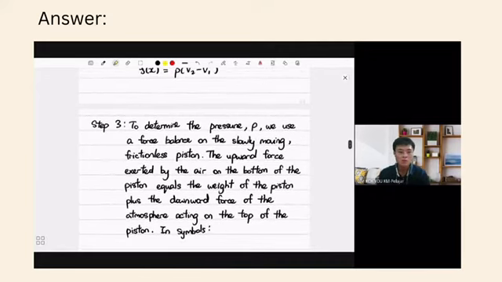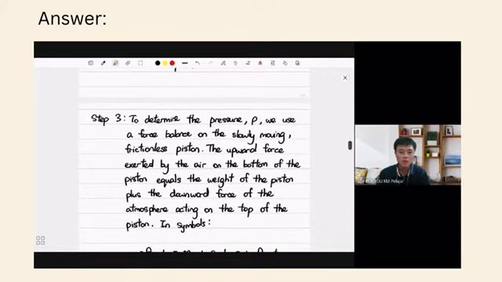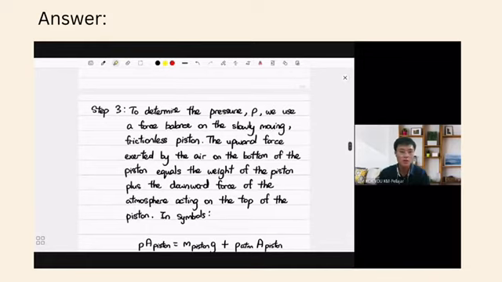For step 3, we are going to determine the pressure P. We use a force balance on the slowly moving frictionless piston: the upward force exerted by the air on the bottom of the piston equals the weight of the piston plus the downward force of the atmosphere acting on the top of the piston.